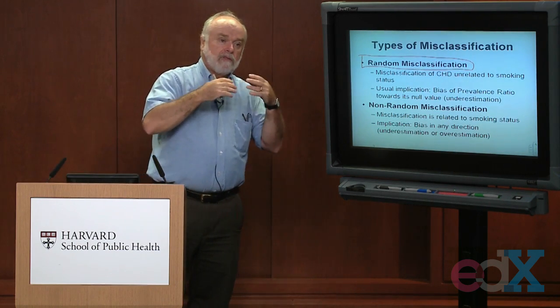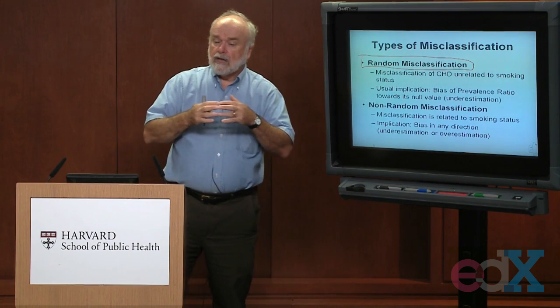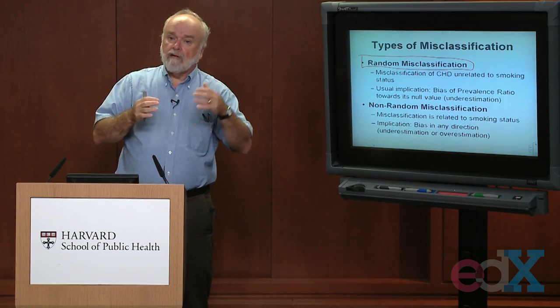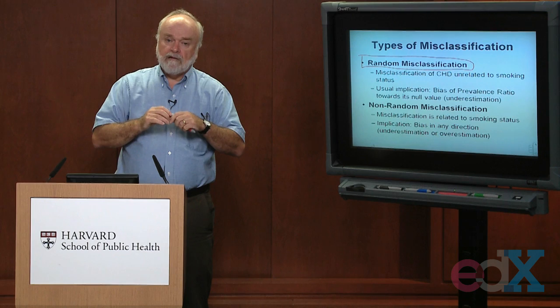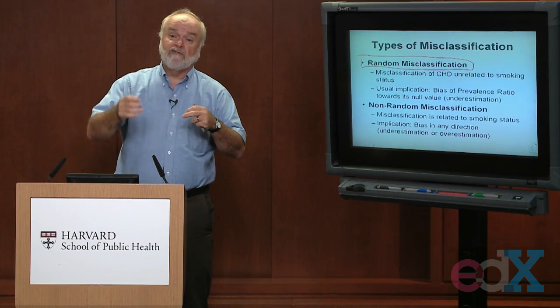And to drive that home in the most extreme case, let's suppose I was making mistakes in measuring outcomes on people. And what I basically was doing was just measuring noise among people. I was just flipping a coin. If the coin came up heads, I was calling that person as having a case of coronary heart disease.